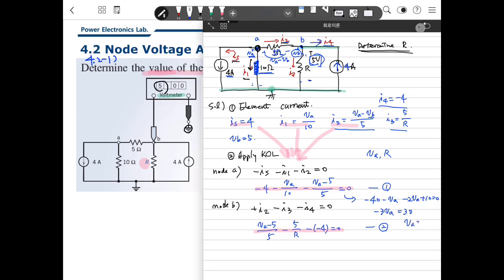So VA is minus 10. We get it. And then, substituting here, minus 10 minus 5 over 5, minus 5 over R, plus 4 is 0. So there will be minus 3 minus 5 over R plus 4 is 0. So 5 over R is 1. So R is 5 ohm. That's the way.